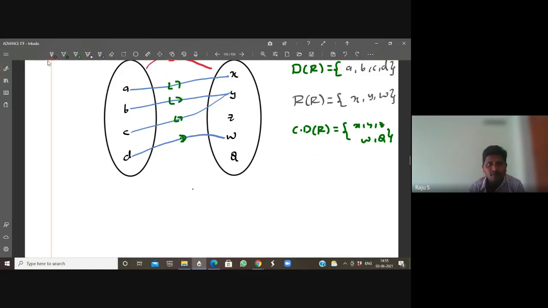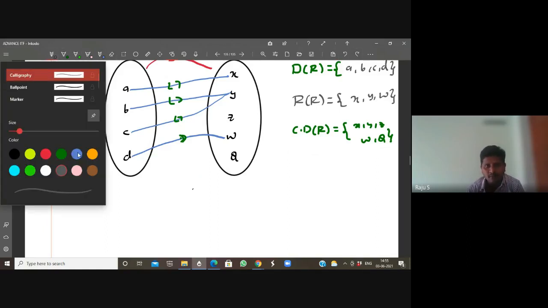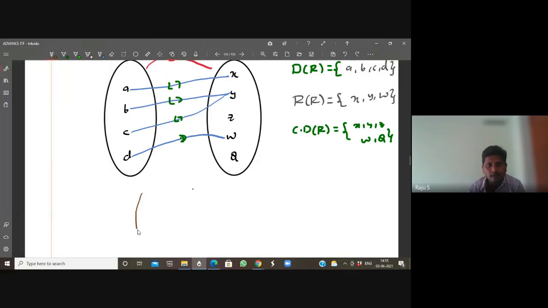Look at here. I'm going to explain the function concept also here. It is very, very easy. This is A, this is B. 1, 2, 3, X, Y, Z. Now, 1 is related to X, 2 is related to X, 3 is related to X. What about this?